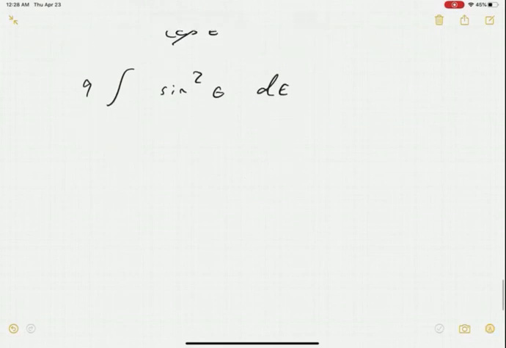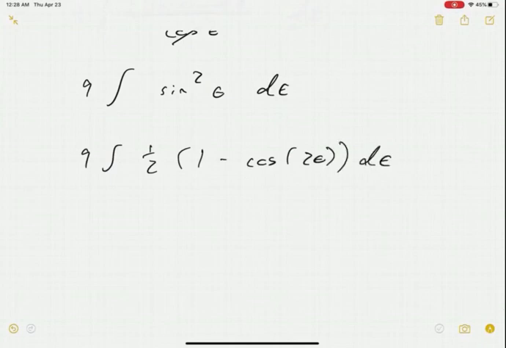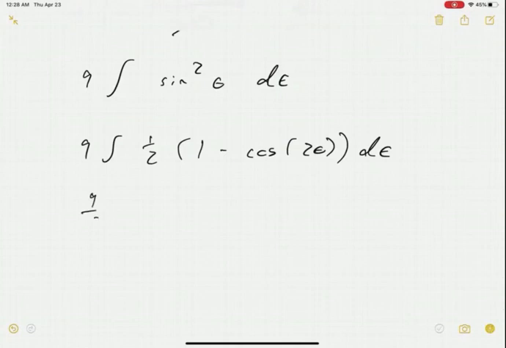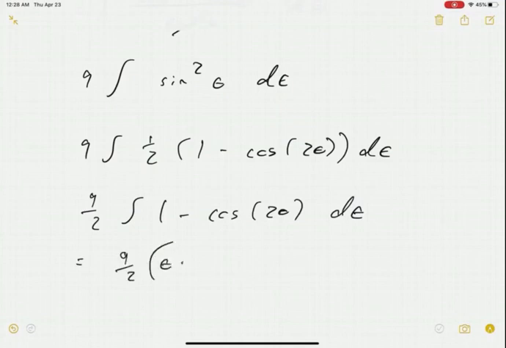Now I need to know my double angle identity. My integral becomes this. Okay, so my antiderivative's here.